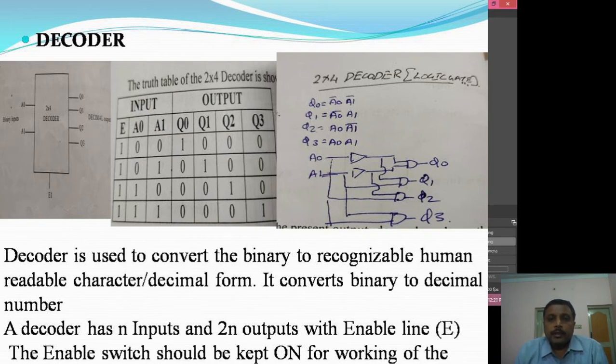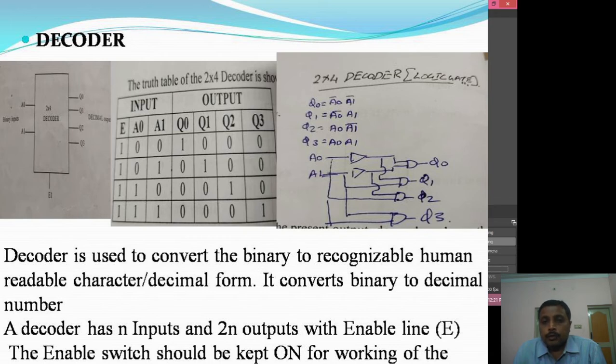Now let me come to the logic gates 2x4 decoder, the last sketch. The input to Q0 is equal to the product of complement of A0 and complement of A1. Similarly, output Q1 has complement of A0 and the product with A1.